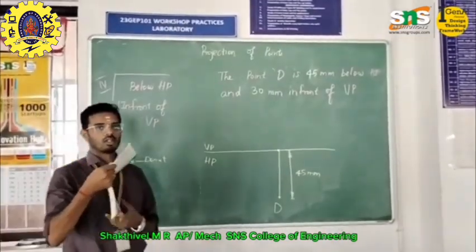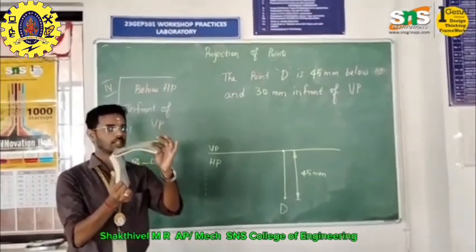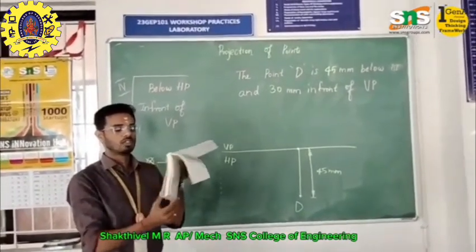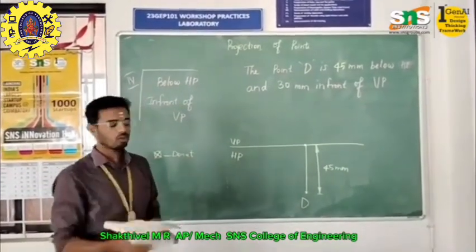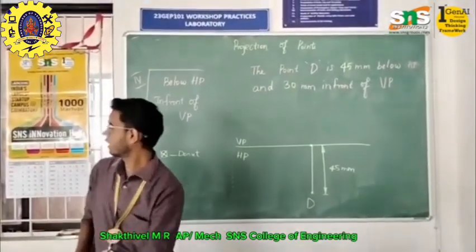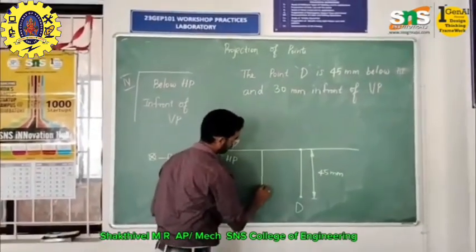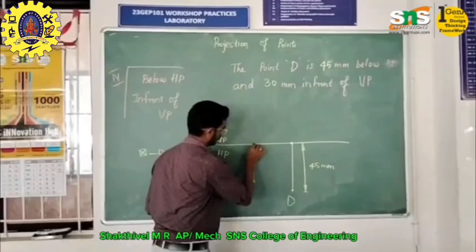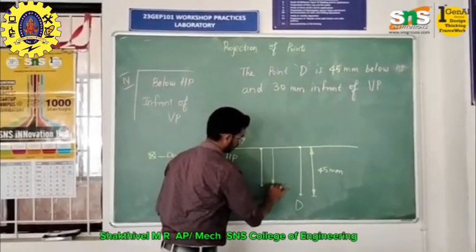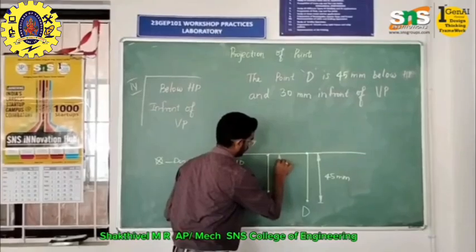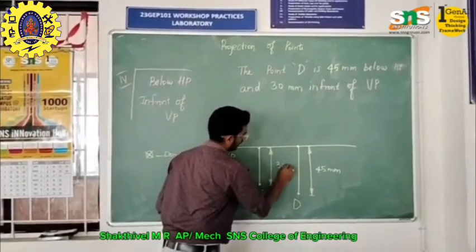We already drew this particular HP, the horizontal plane, to the margin. Now we are going to see the vertical plane. Consider it an imaginary vertical plane. We are going to see 30 mm, D dash 30 mm.